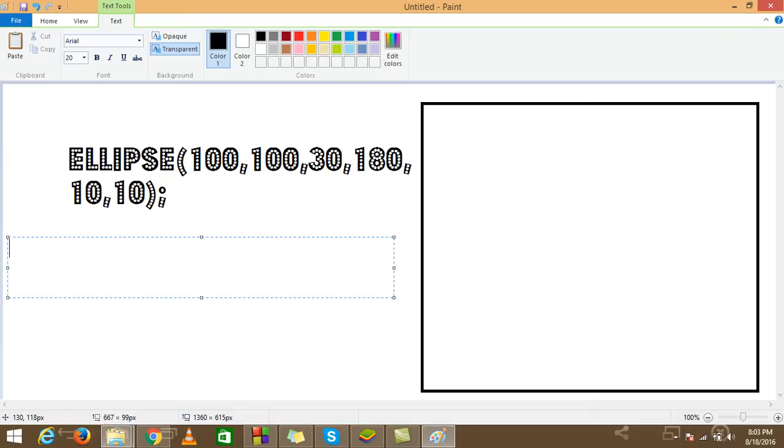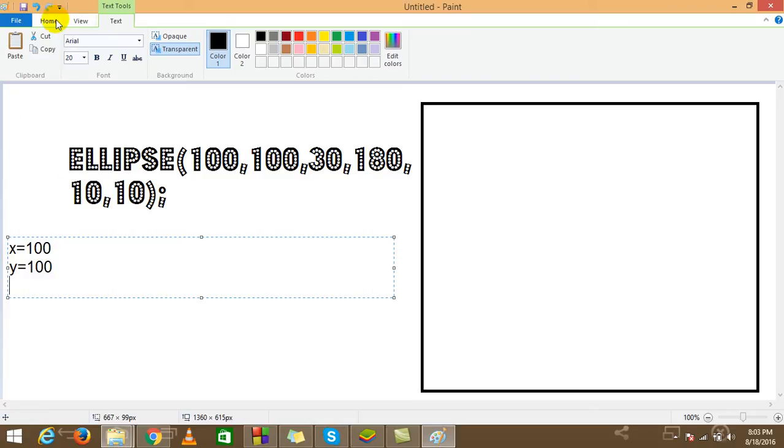That is the value of our x-axis. Secondly, we have the same thing, the distance between the top of the screen and the center of the ellipse, which is the value of y. That's also 100. The third argument is the starting angle of the ellipse.